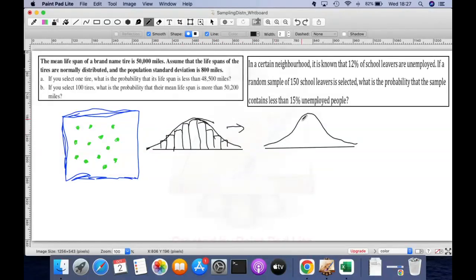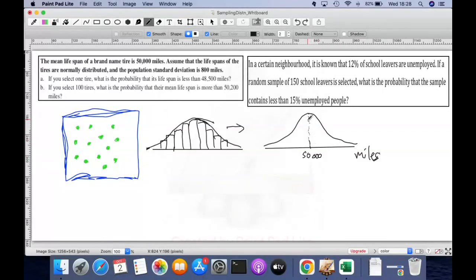Each tire can last about 50,000 miles, so on average, it can last 50,000 miles. And because it's normally distributed, that means that the average is the center here. 50,000 here. So 1, 2, 3, right? So this is your miles.